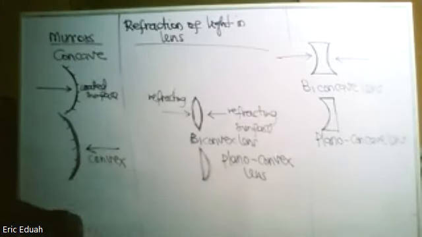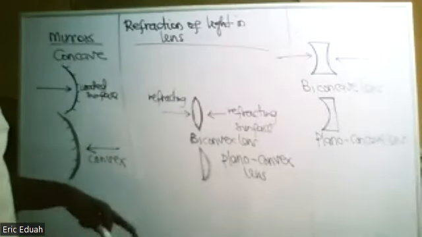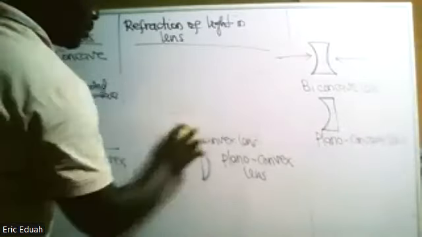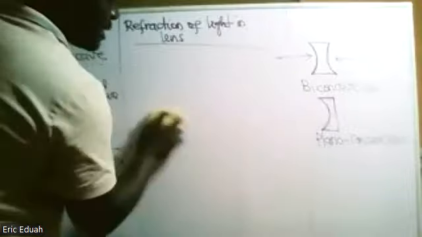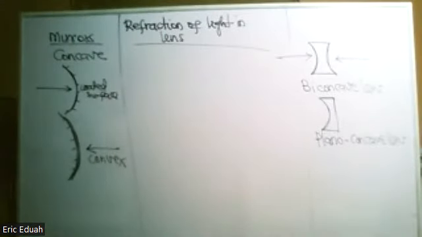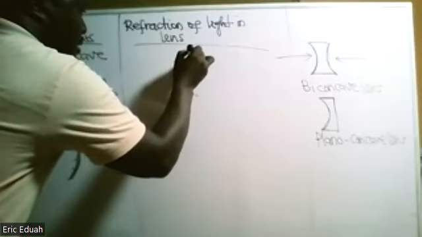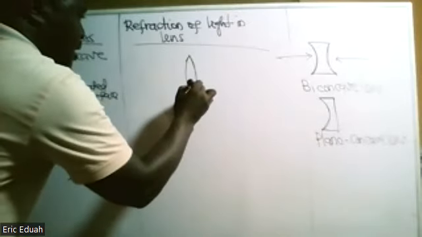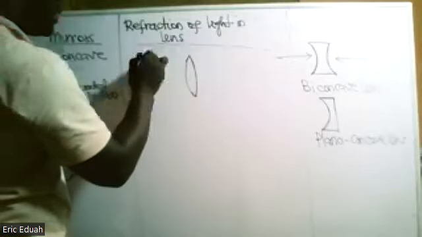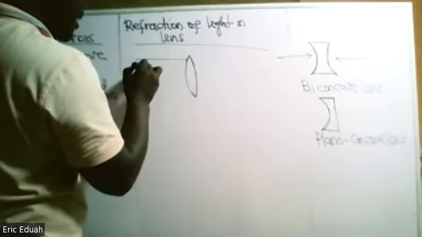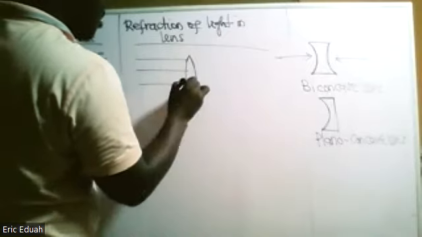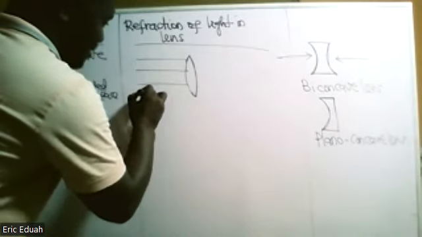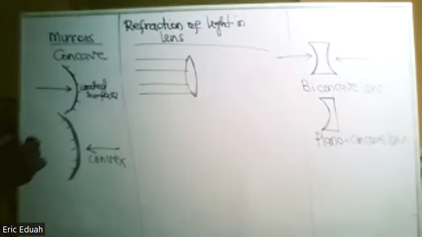A convex lens, which is this, is also known as a converging lens because if you incident light at one of the refracting surfaces, when you incident a parallel beam to one side.